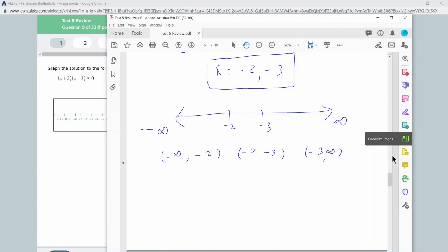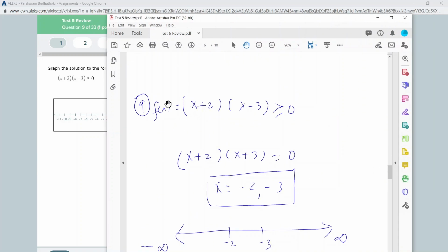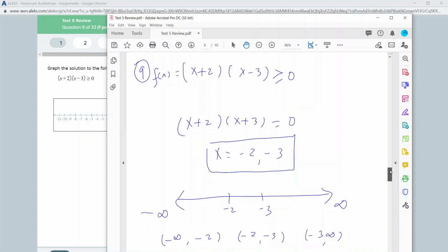Now we need to check on which interval this function is positive or 0. So we already know that this function is 0 at -2 and -3. So these are the answer. -2 and -3 will be in the answer, but we also have to find out where this function is positive as well.